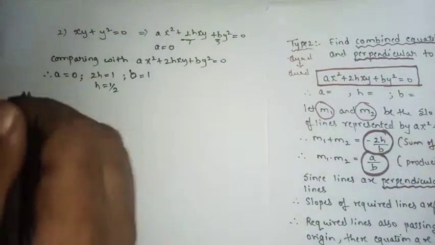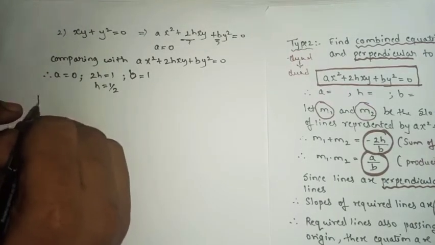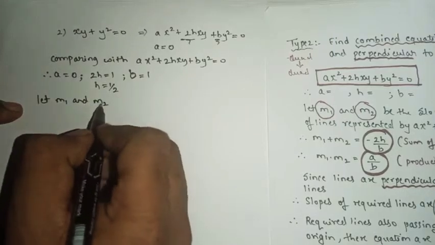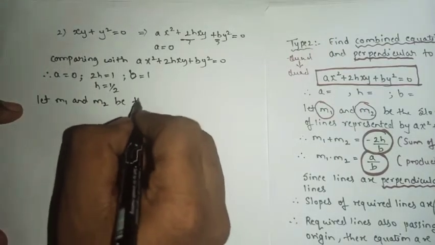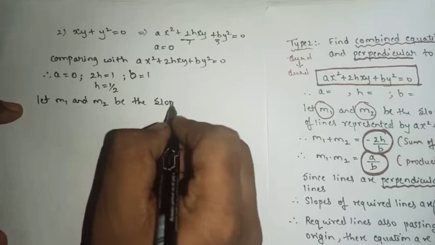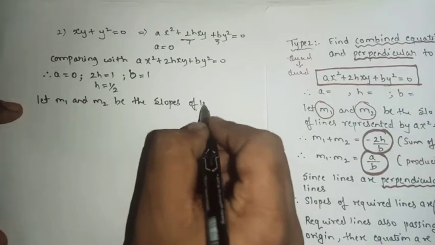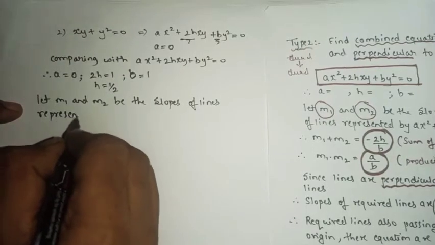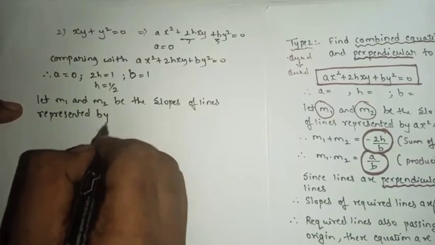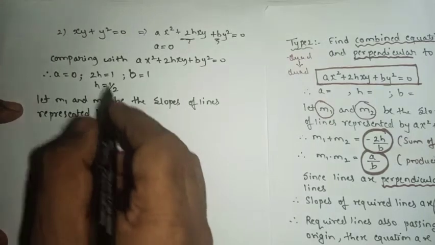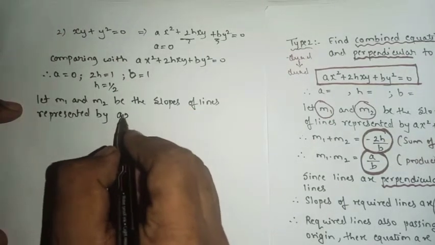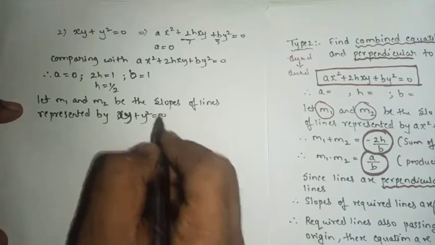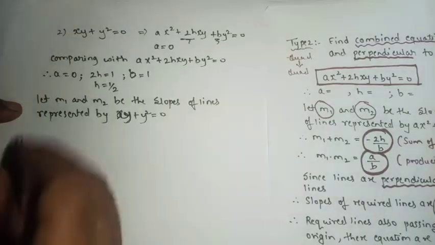After this we'll write: let m1 and m2 be the slopes of the lines represented by the given equation. Here the given equation is xy plus y square equals 0.